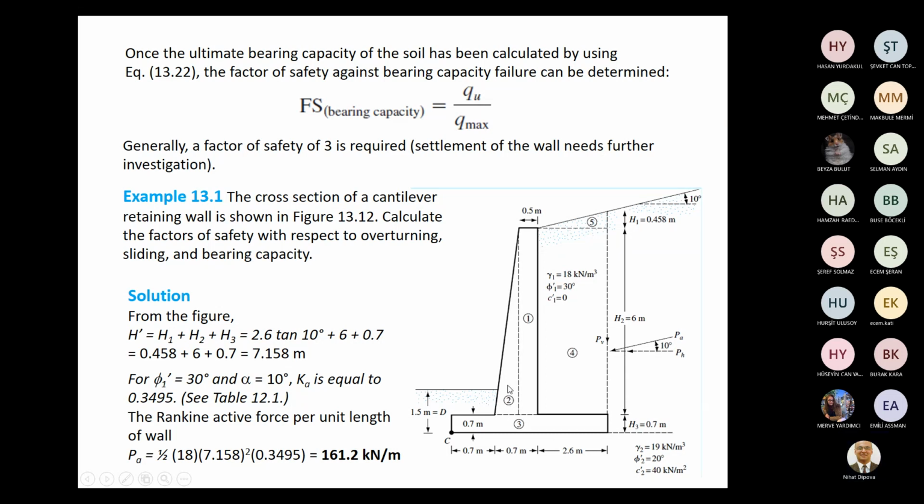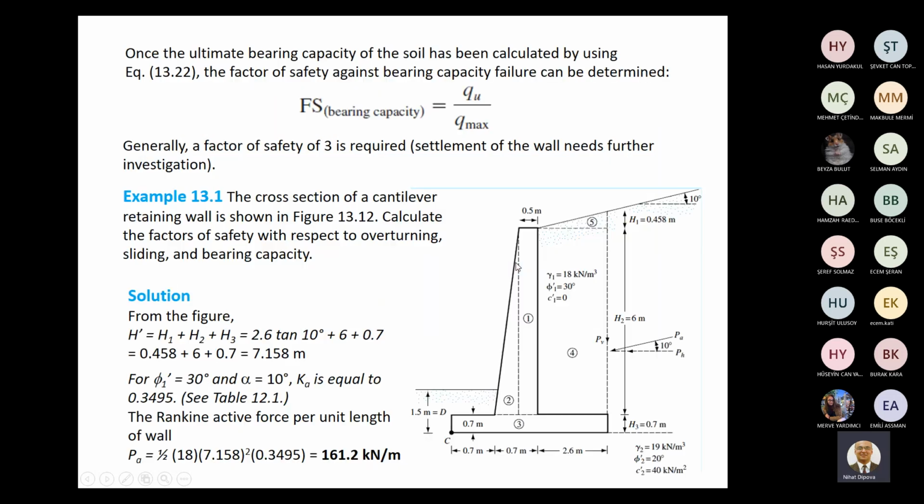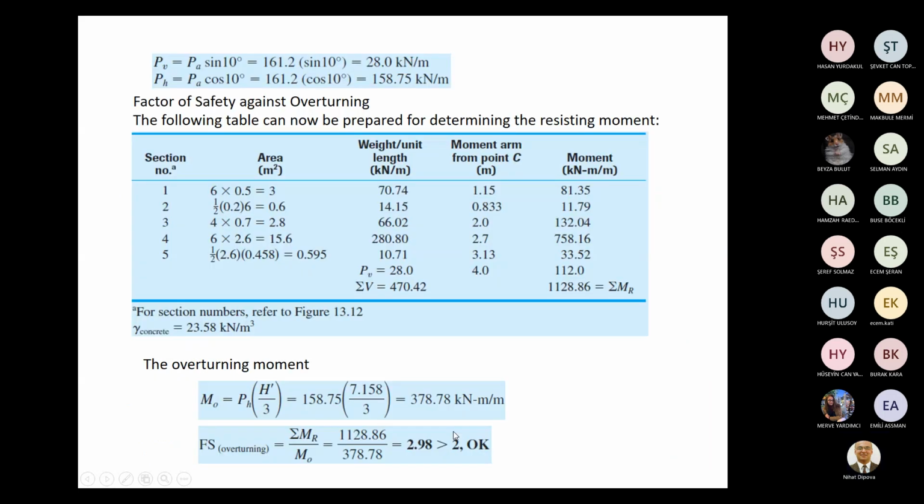For second section, the moment arm will be at one third of this dimension, this triangle. So moment arm from the point C will be 0.833.